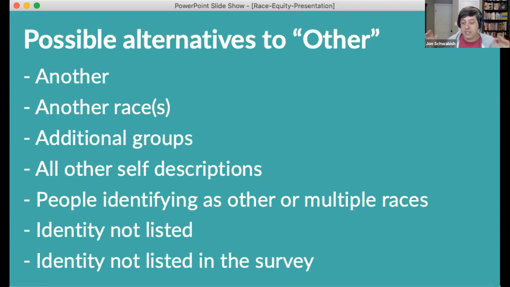If you look at poverty rates, and I have an Urban blog post about this that we can share in a little bit, Pacific Islanders tend to have much higher poverty rates than people who identify as Asian American. So there's a lot of variation going on in that group.